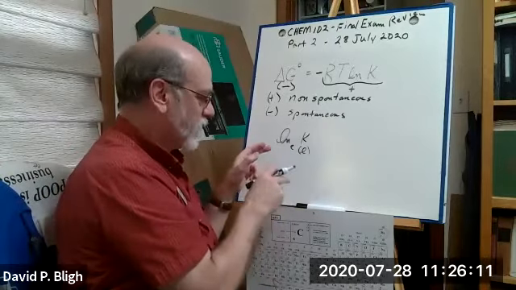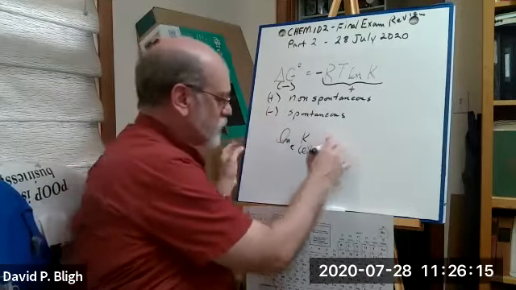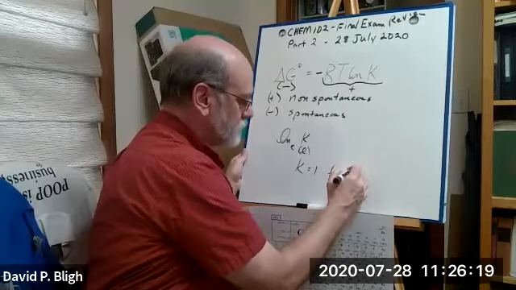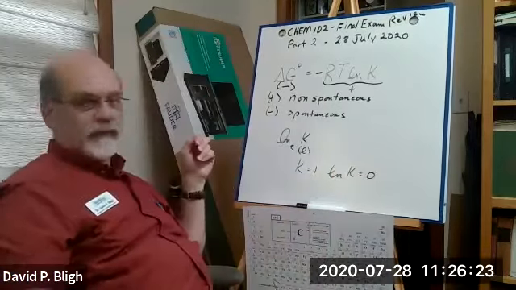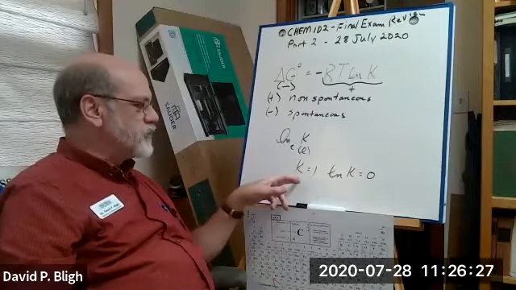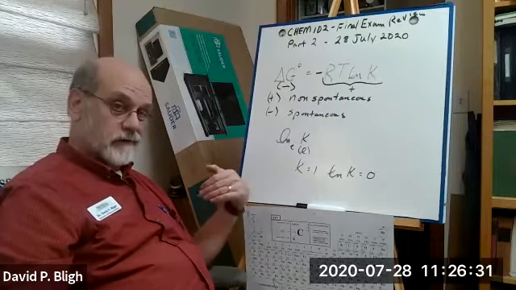If K were 1, then the log of that expression would be 0. What happens to that expression if K is less than 1?